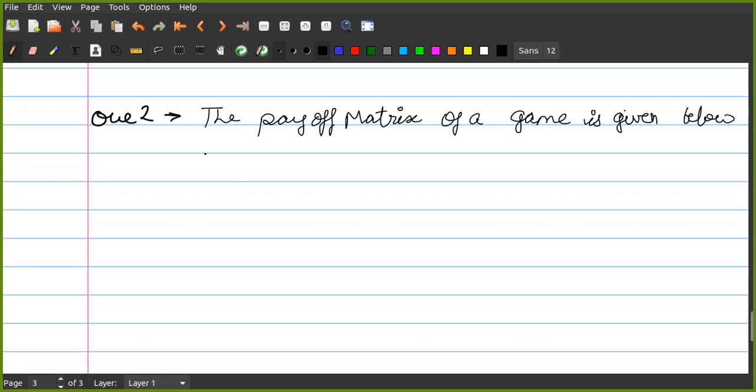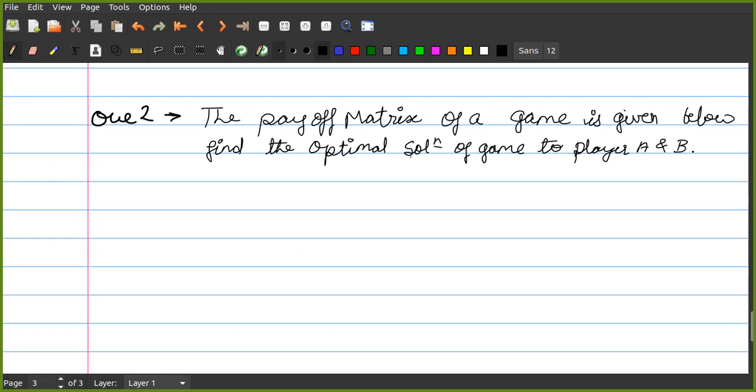Find the optimal solution of the game to player A and B. So the values for A and B are given.